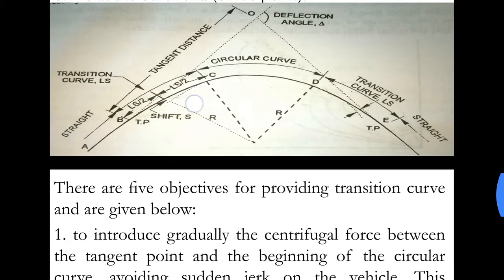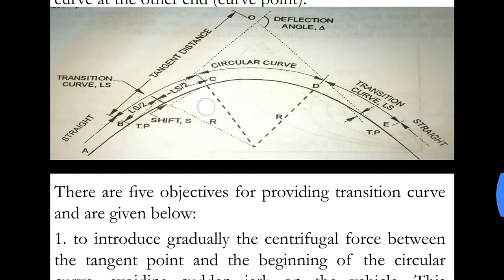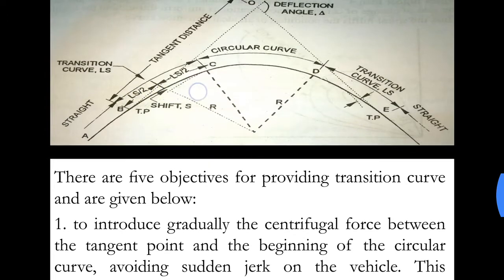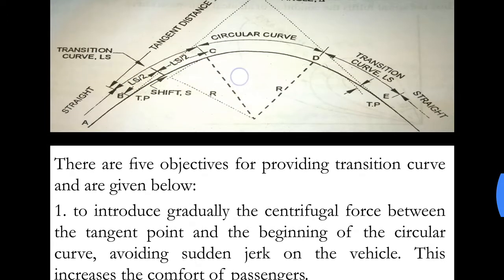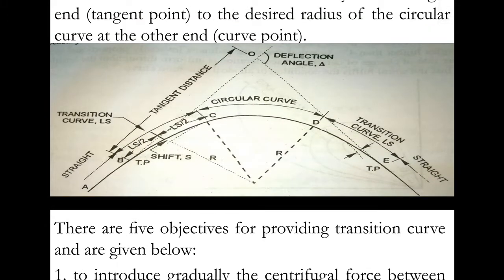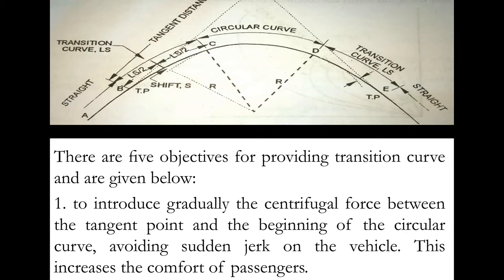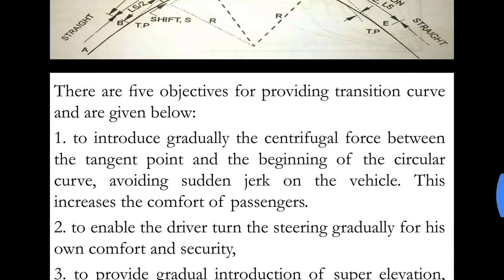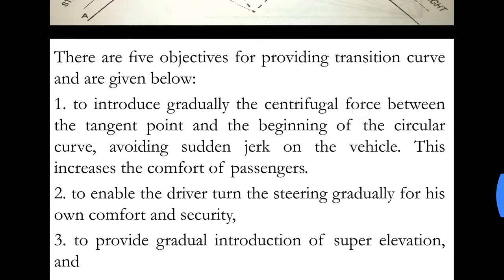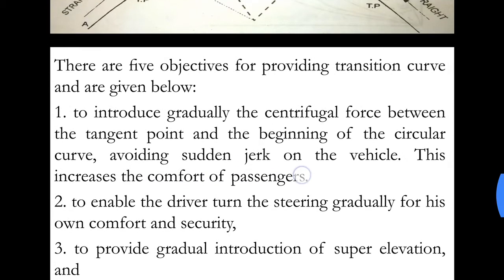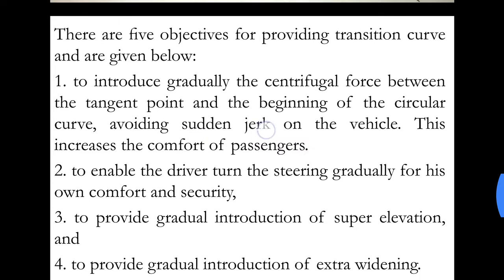Now what is the advantage of providing a transition curve? Since the radius increases or reduces slowly, the centrifugal force will also be induced gradually. Since the increase in centrifugal force is gradual, there would be better comfort provided to the passengers since there is no sudden jerk.